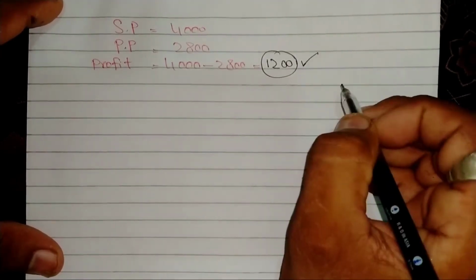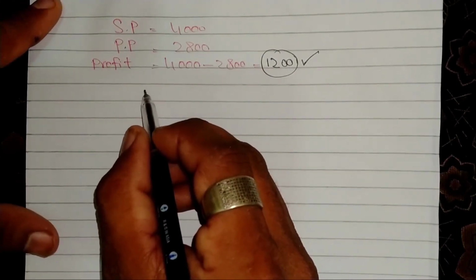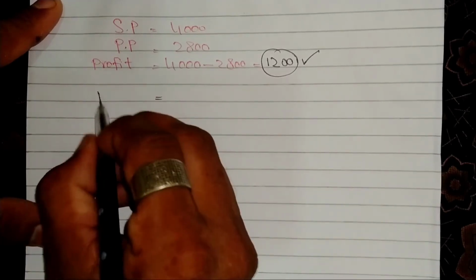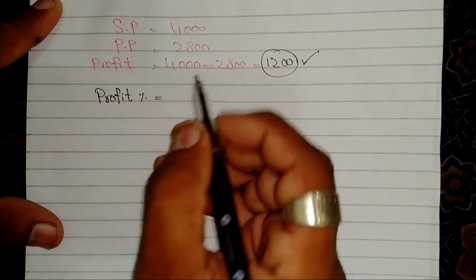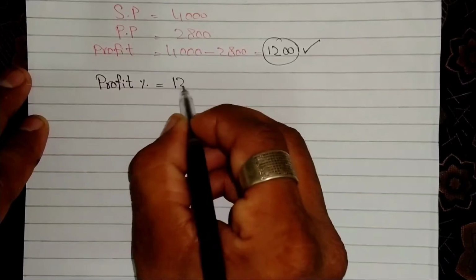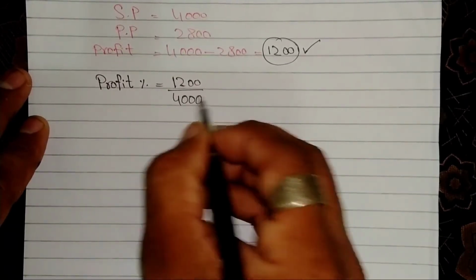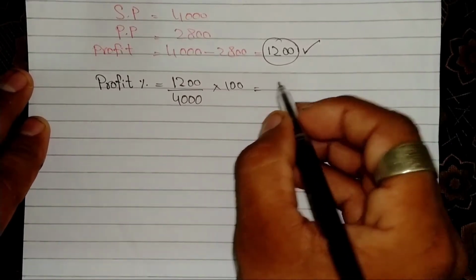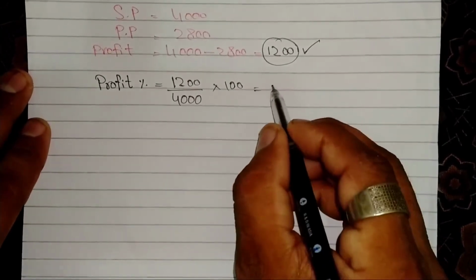This is the profit of this transaction. When we talk about the profit percentage of this transaction, it will be $1,200 on $4,000, which will be 30%.